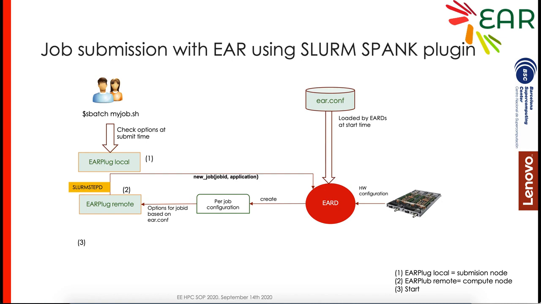Remotely means compute node. This remote part is the one that connects with the EARL daemon, notifying the EARL daemon there is a new job. The new job sends the application identification and the submission details, like the policy settings, or the CPU frequency in case the application has selected something specifically, etc. Some of these options are only available to EARL privileged users, so the EARL daemon validates, by checking with the EARL configuration file, which is a simple text file, that these options are correct.